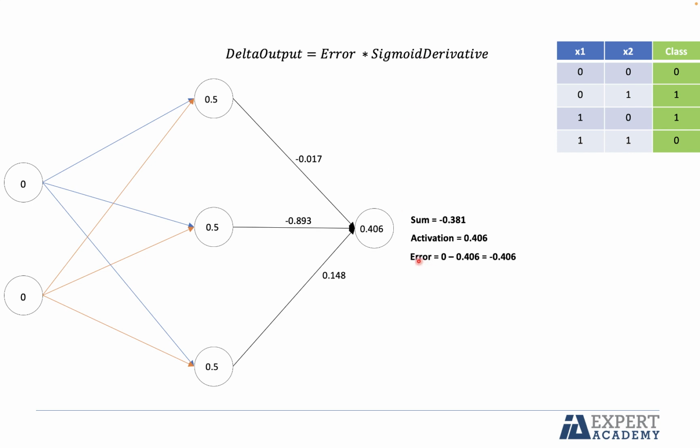First, we can get the error, the expected output, 0 minus the prediction, 0.406. The error is minus 0.406. Now we can calculate the derivative. We send 0.406 and we get as result 0.241.